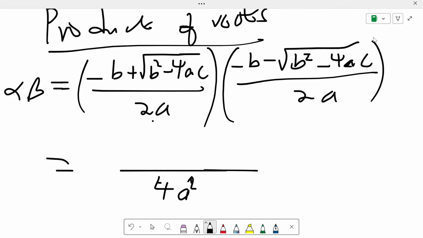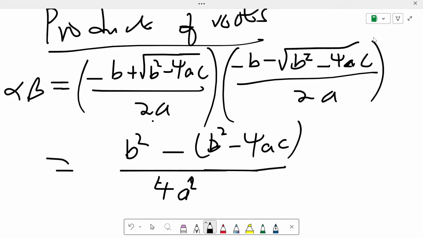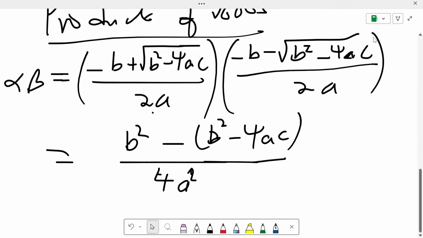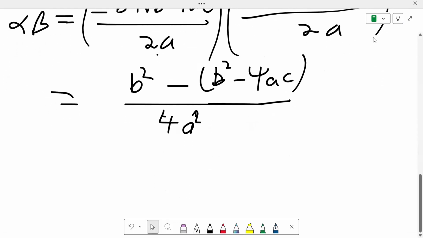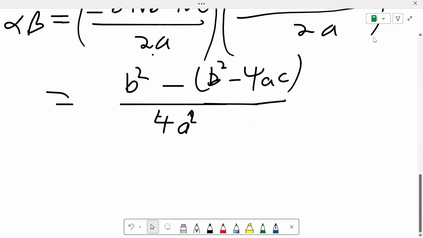So negative b times negative b will give us b squared. And then the two square roots, plus and minus, so the minus will triumph, and then we shall get b squared minus 4ac. So now we still need to simplify the numerator and see how things will go.